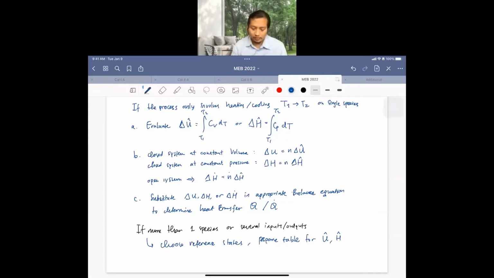And then lastly, the same, we could get the balance equation and then calculate the heat.